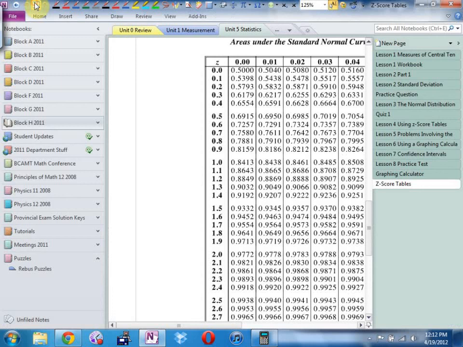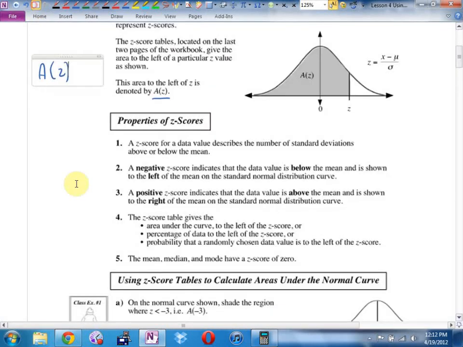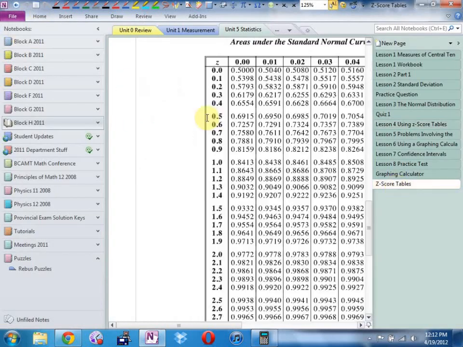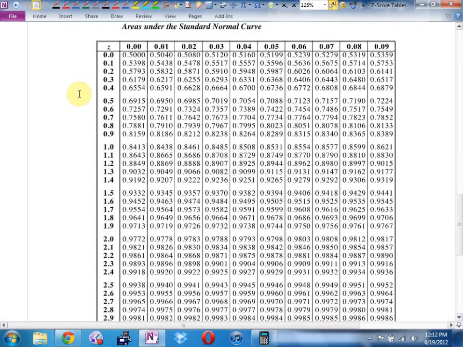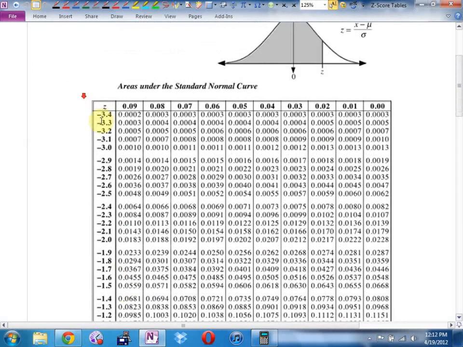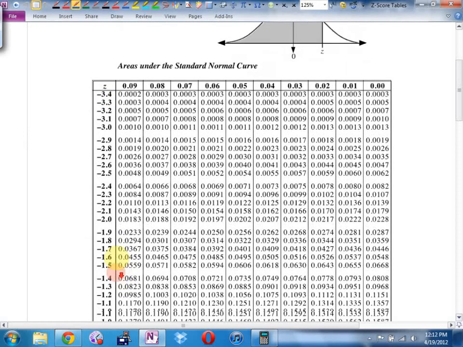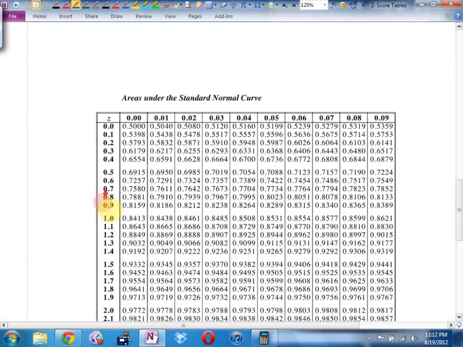What if I said, find A of 1.63. So can you all look at your table at the back, please? This is how you read them. The first page has the negatives. 1.63, I would go like this.